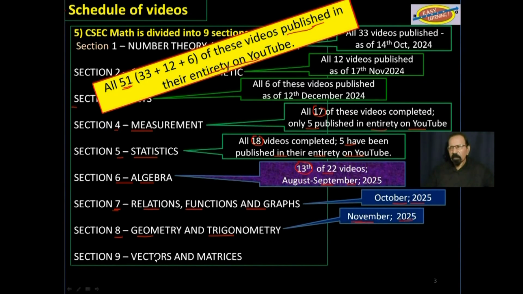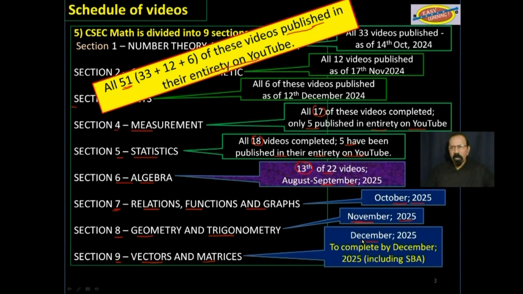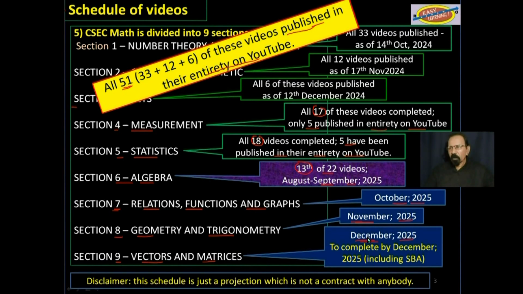And finally, section 9, vectors and matrices, to be completed by the end of this year, 2025. Disclaimer down here, this schedule is just a projection and is not to be interpreted as a contract with anybody.